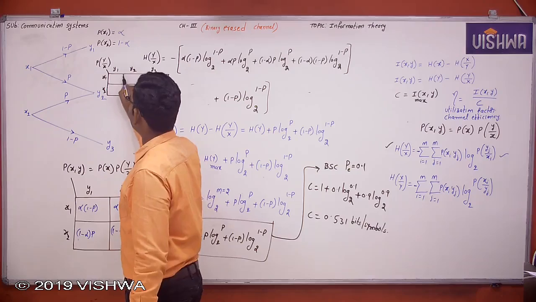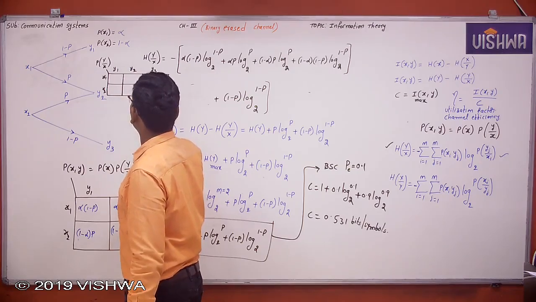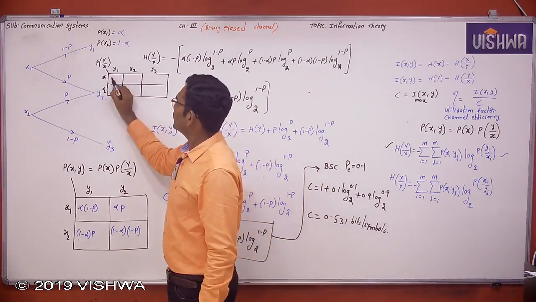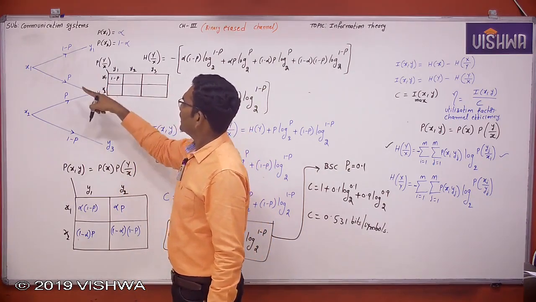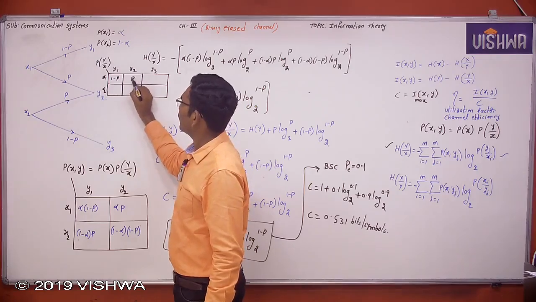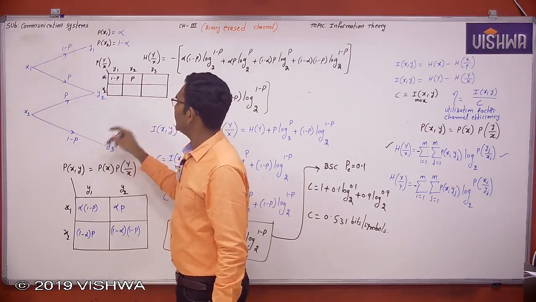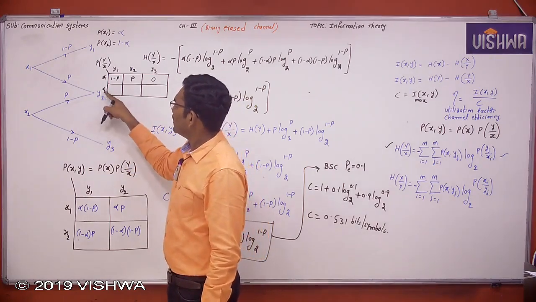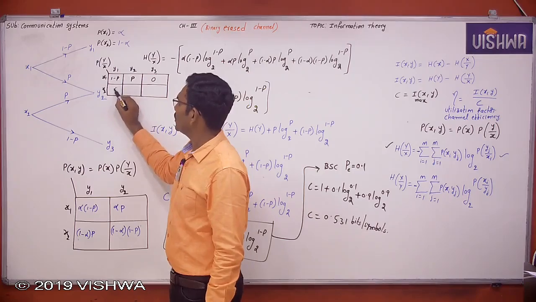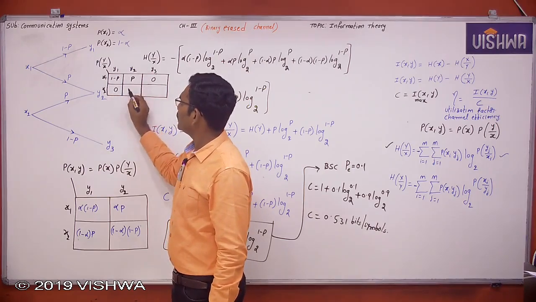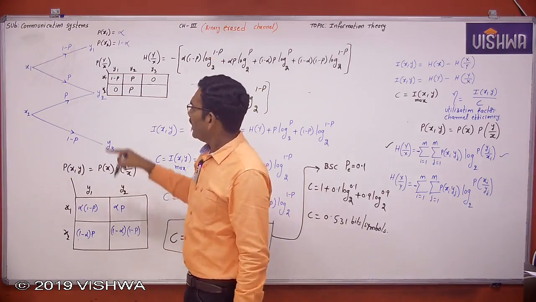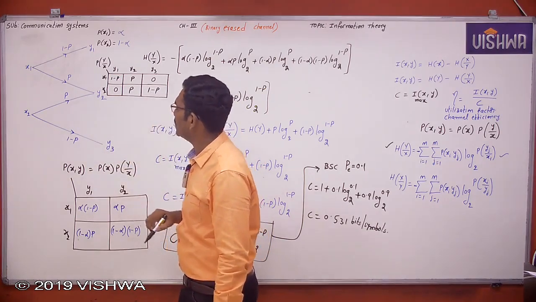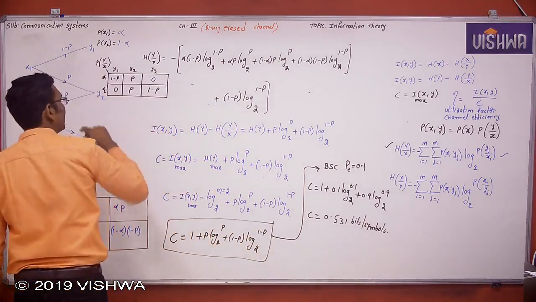When x1 is transmitted, y1 is received with a probability of 1 minus p. When x1 is transmitted, y2 is received with a probability of p. When x1 is transmitted, y3 is received with probability 0. When x2 is transmitted, y1 is received with probability 0. When x2 is transmitted, y2 is received with a probability of p. When x2 is transmitted, y3 is received with a probability of 1 minus p. This is the conditional probability of a binary erasure channel.